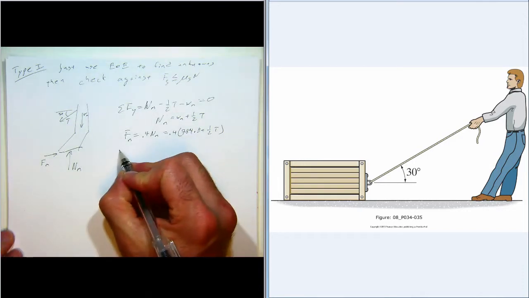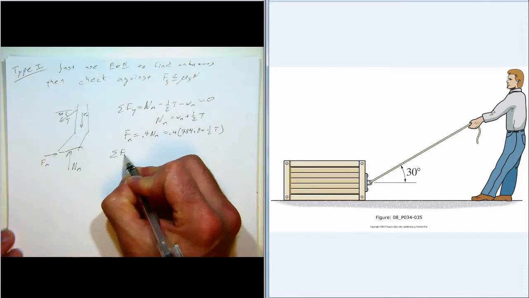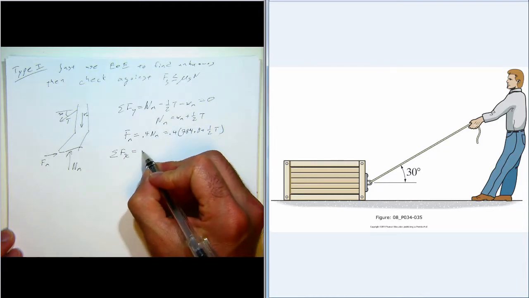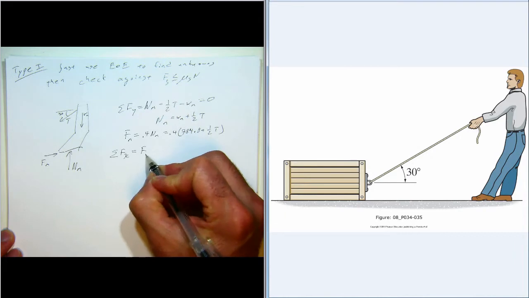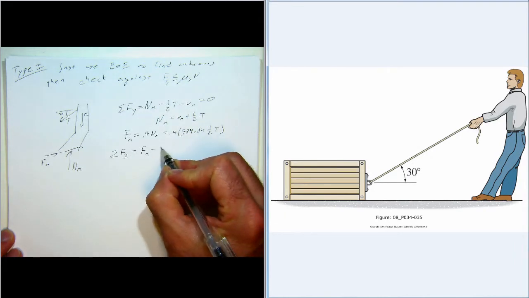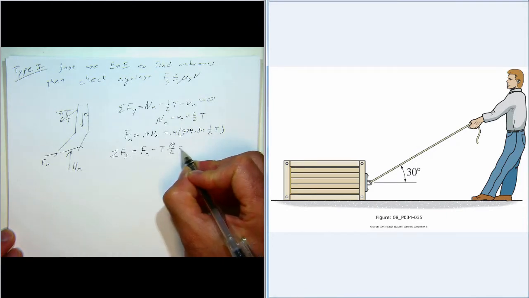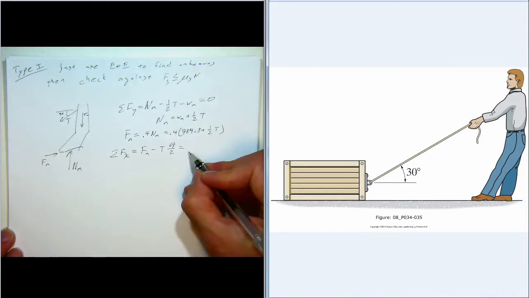And then we can get tension. So we have Fm minus T cosine of 30, which is square root of 3 over 2. And Fm is this value.